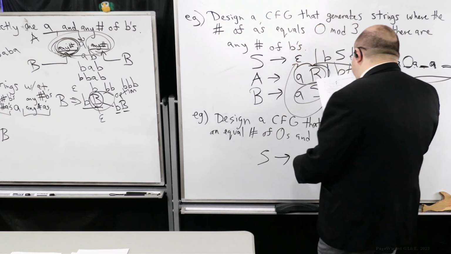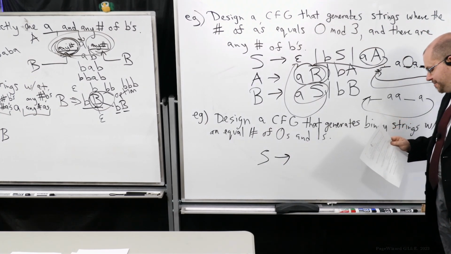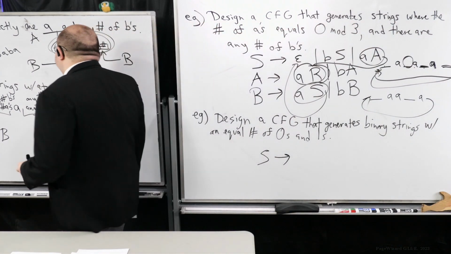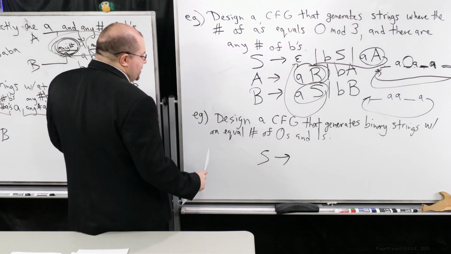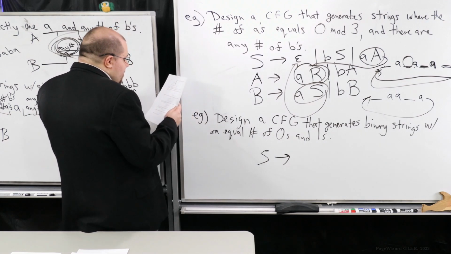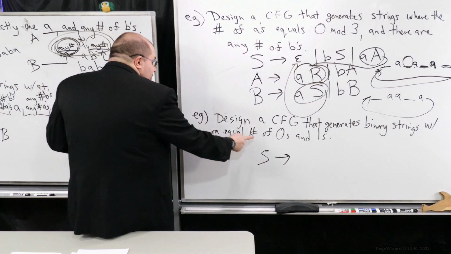So, start simple. Now, you might say, Dan, what are we going to do with this one here? So think about it. What's the form going to look like? Now, I must stress that it's just an equal number of zeros and ones.